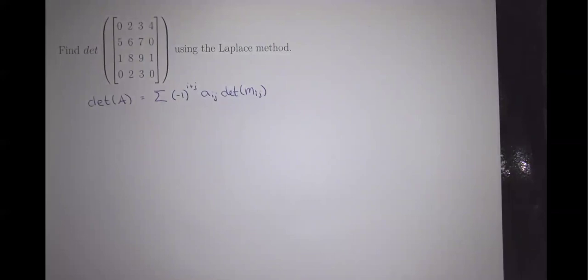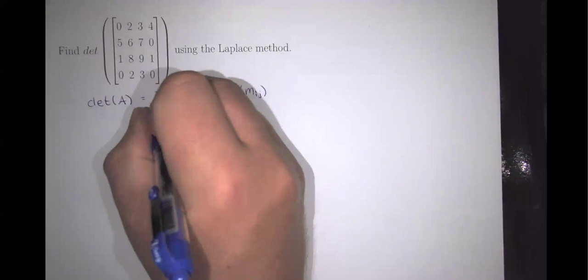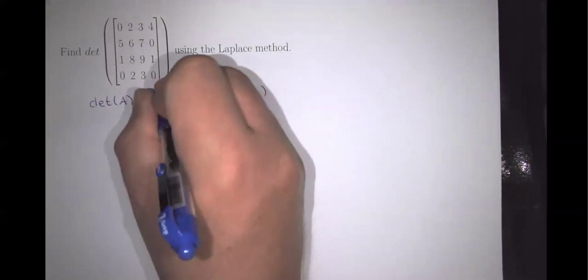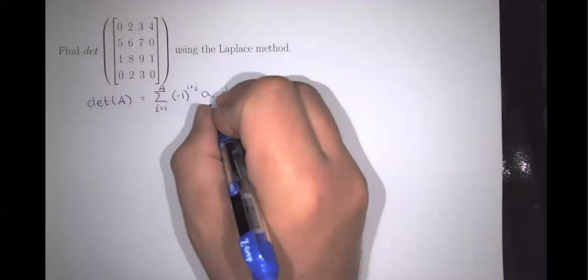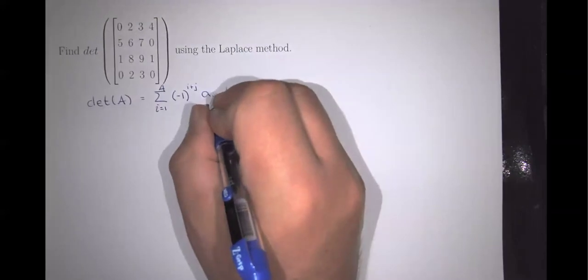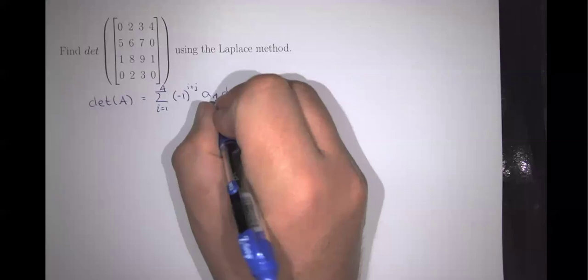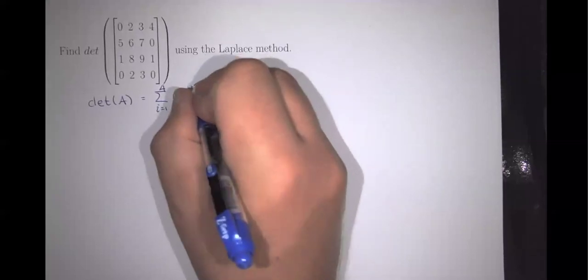We're going to go down the first column. So that sum is going to go i equals 1 to 4. And in this case, j is going to be 1.